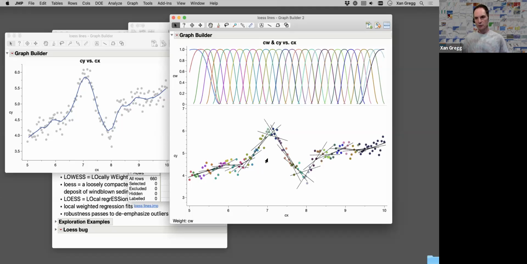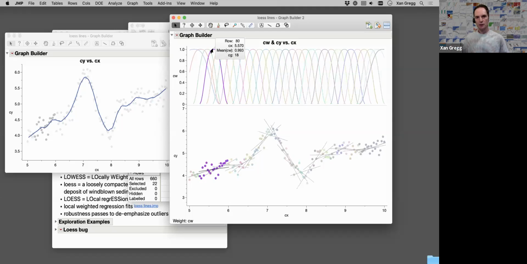It could also be a quadratic or cubic, and this weighting function is something called a tricube. But any weighting function that has a peak in the middle works fine. It could even be a normal curve that goes on to no end, but most of them are defined up to the interval of the nearest so many points.